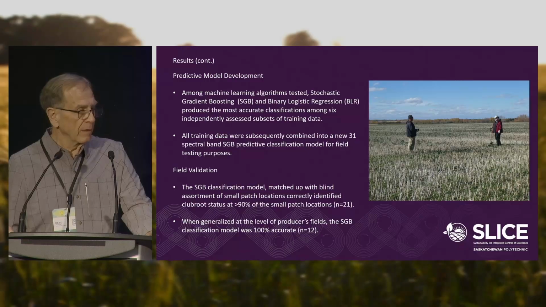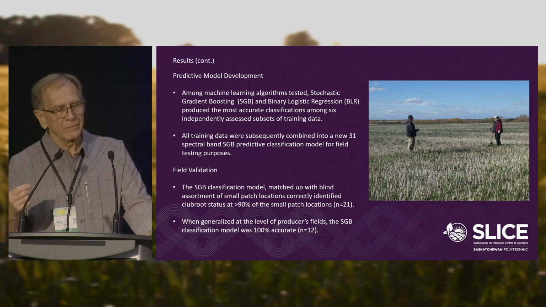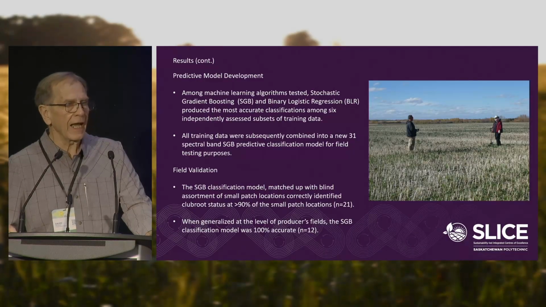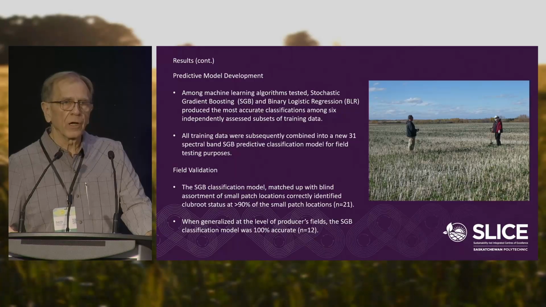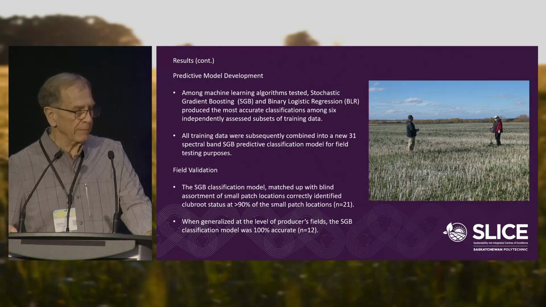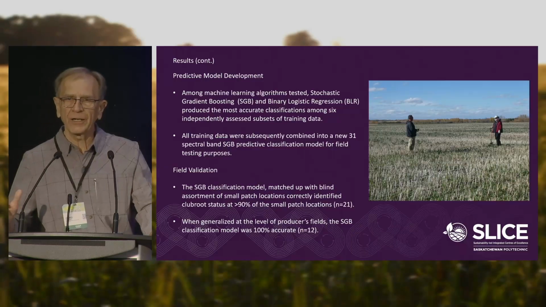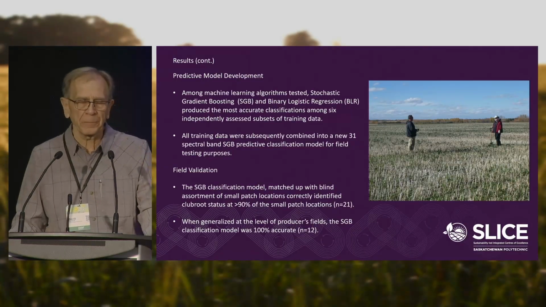And it turns out that when I got to the end of this process, the model was 96% accurate in classifying clubroot or non-clubroot situations, okay? So very, very good model, but I'm using training data here. I'm comparing the model against the training data that was used to develop it.